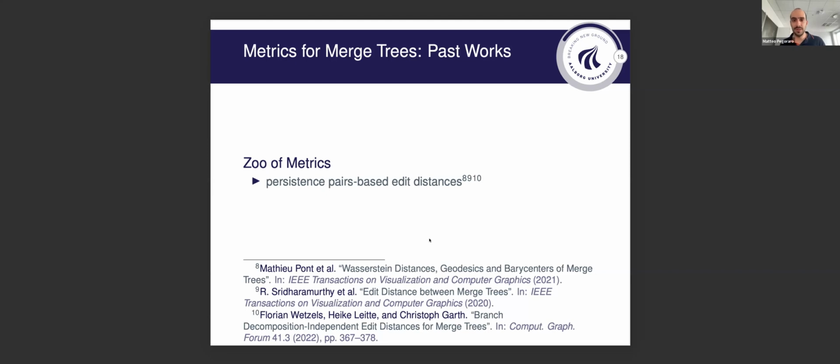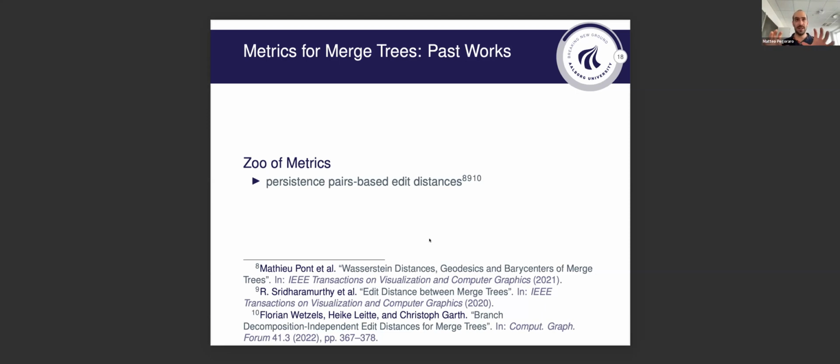Lastly, if I were to give some interpretability, not just of the merge trees but of the metric, I would say that my metric considers similar those merge trees which have a similar shape.